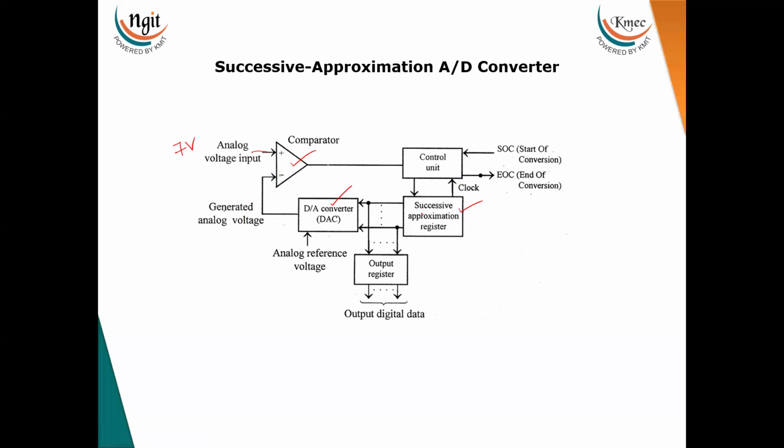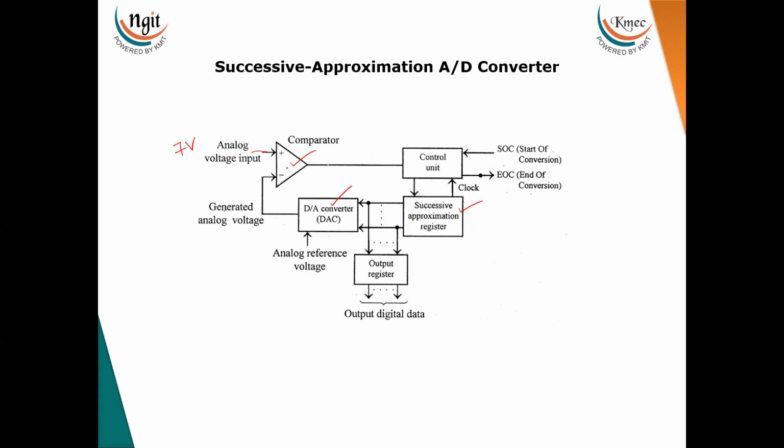It will generate digital information. That digital information will be converted into analog by using the DAC. So that signal is compared with the analog voltage input. If both the signals match, then whatever digital information is generated by the successive approximation register will be latched and displayed by using this output register. That digital information is nothing but the equivalent digital signal for this analog voltage.